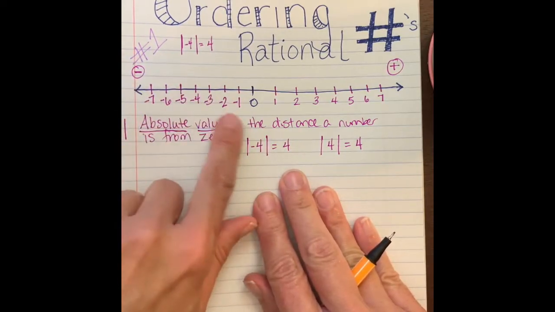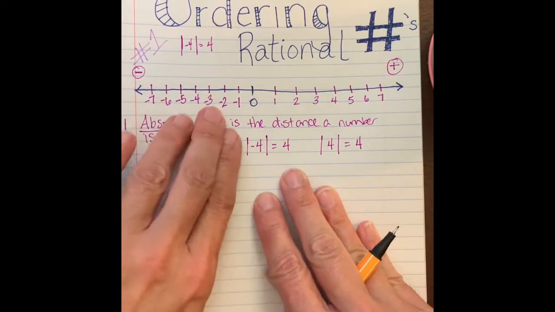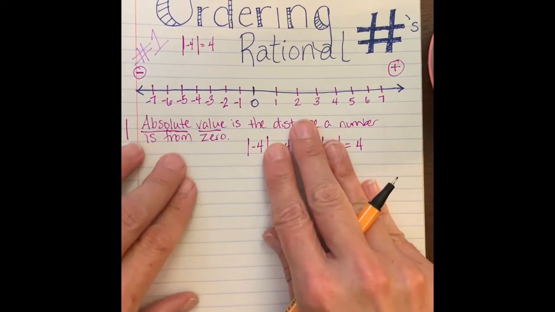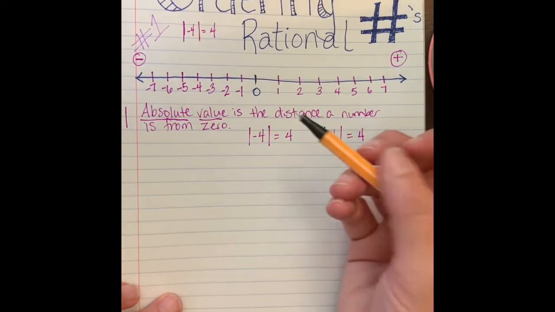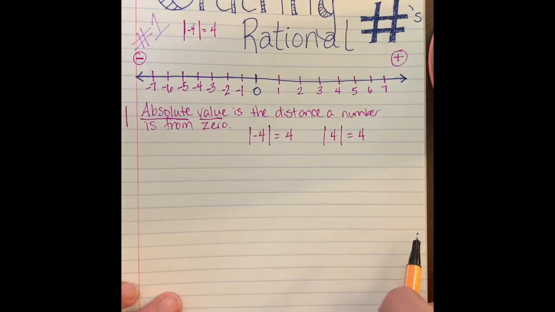So I know you kind of want to say, well, these numbers are getting bigger going this way to the left. Well, their absolute value is getting larger, but their real value is getting smaller. Because value always gets smaller as it goes to the left and larger as it goes to the right.